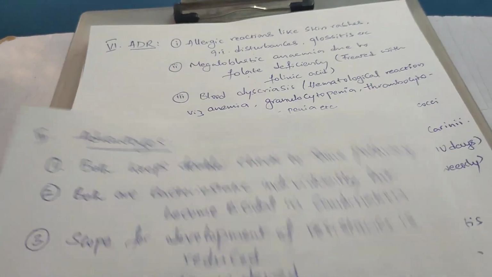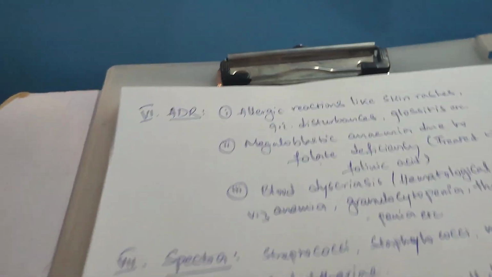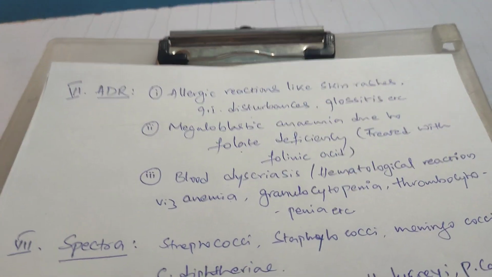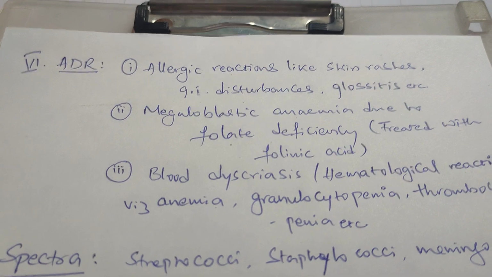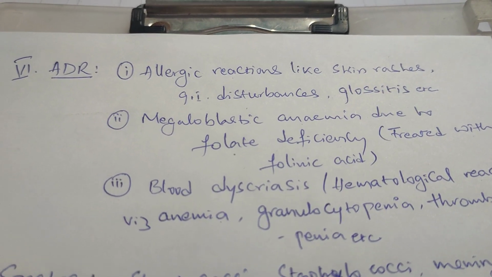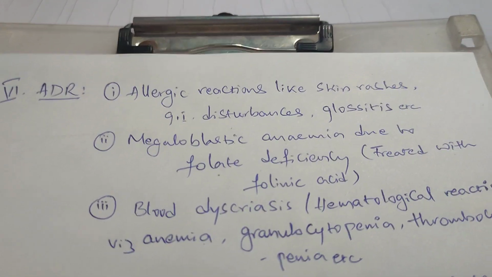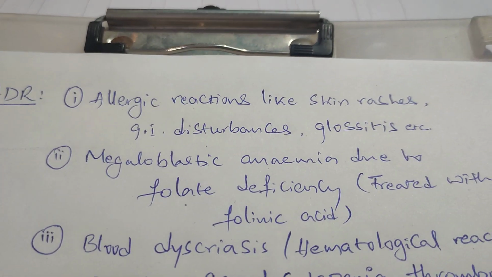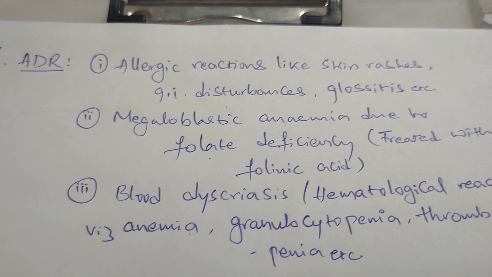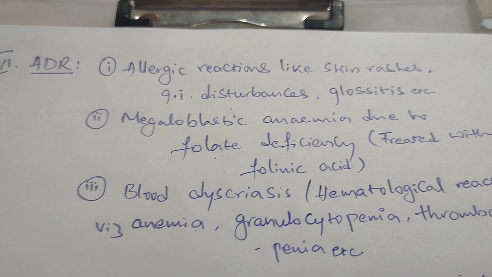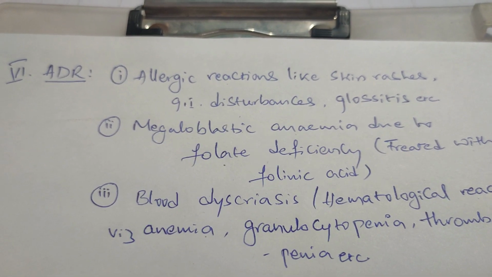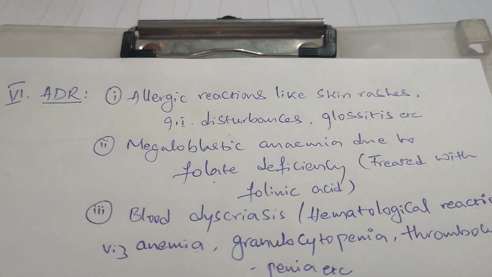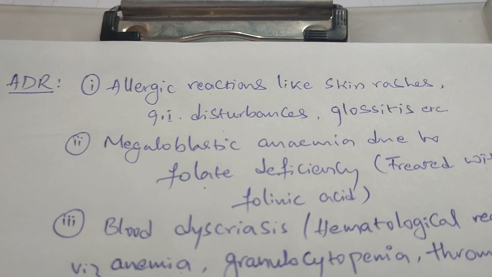Now let us see what adverse effects are produced by this combination. Number one, as usual, allergic reactions like skin rashes, GI disturbances, and glossitis. Second, this combination can reduce folate availability in the body. Folic acid deficiency leads to megaloblastic anemia.